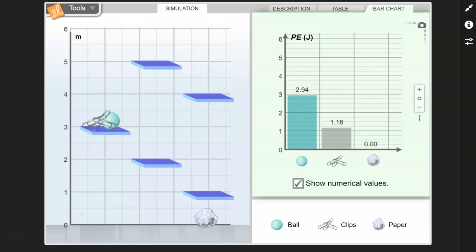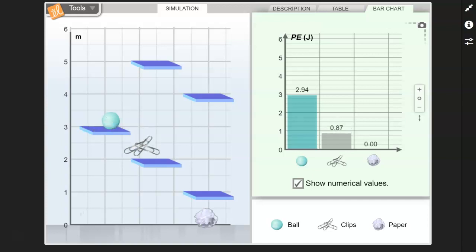When I look at the paper clips' information compared to the ball's, I can clearly see from the data I made that the ball definitely has more gravitational potential energy at the same height when compared to the paper clips.